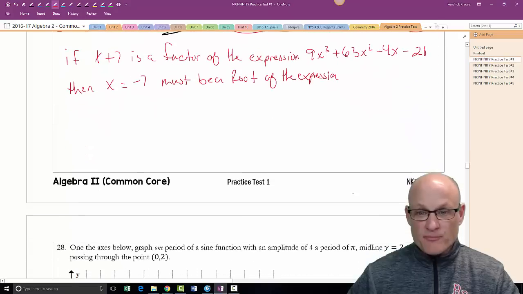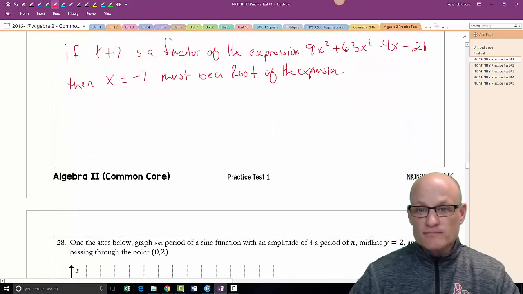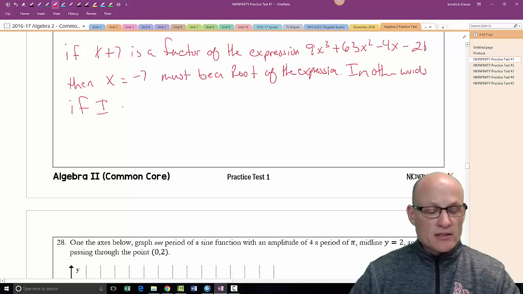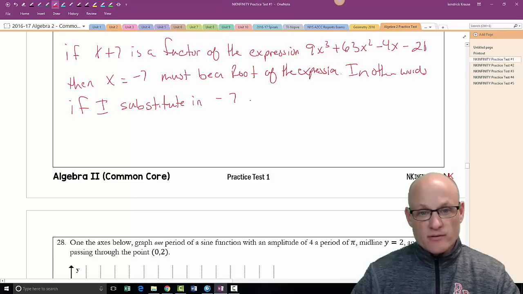Let me just bring this up. In other words, if I substitute negative 7 in for x, I should write this a little better.